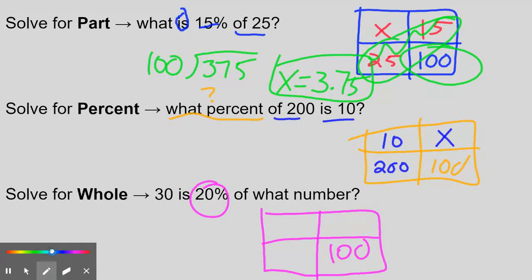I automatically see a percent sign, and I know it needs to go above the 100. We also have of what number? Of what, our total? So that's where our variable is going to go, in the whole spot. 30 is, that's our part. That's going to go in the top left. Hopefully you have this all written down. So the x can go in any part of the box except for the bottom right.